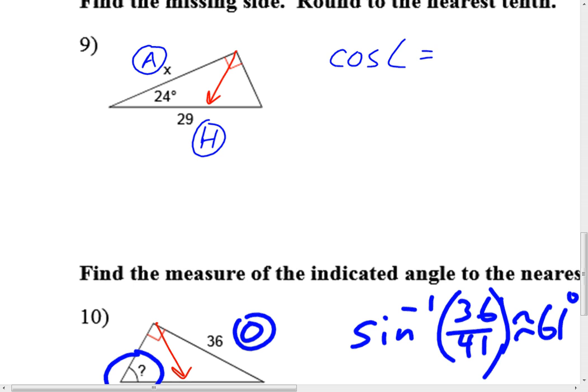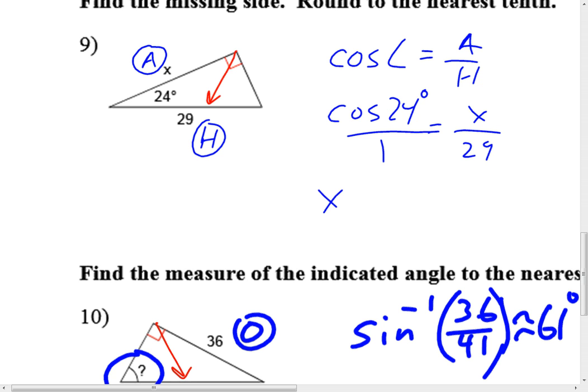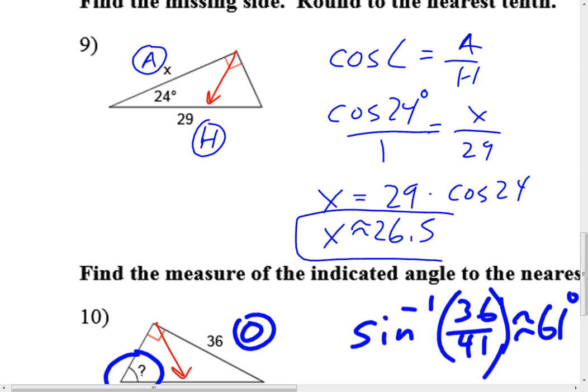This is cosine. X equal to 29 times cosine 24. X is approximately 26.5. Most of the mistakes I saw were fixable.